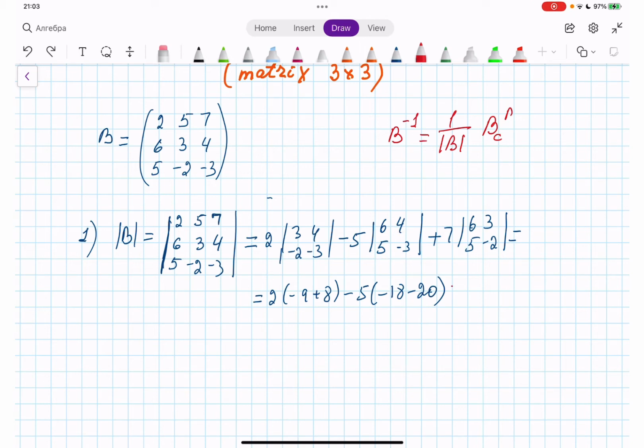Next, plus 7 times -12, -15. And the result is going to be -2 plus 190 minus 189, and we get -1.